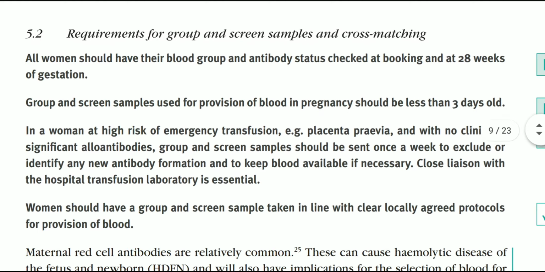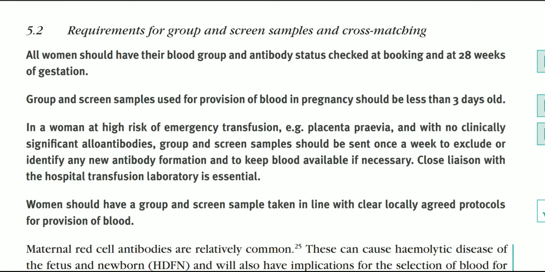All women should have their blood group and antibody status checked at booking and at 28 weeks of gestation. Group and screen samples used for provision of blood in pregnancy should be less than 3 days old. And what should be specifically done in the case of high-risk pregnant patients who may need emergency transfusion?